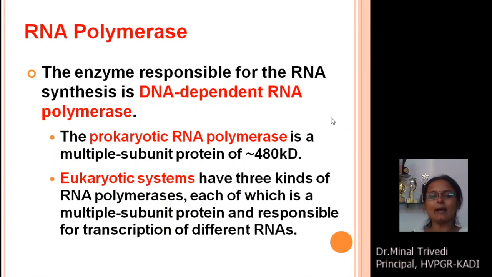And this single bacterial RNA polymerase synthesizes all types of RNA molecules in bacteria. Whereas in the eukaryotic system, eukaryotes have three kinds of RNA polymerases, and each is responsible for the synthesis of different RNA molecules.